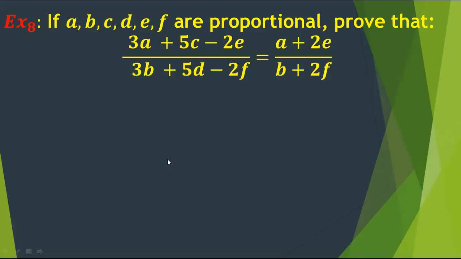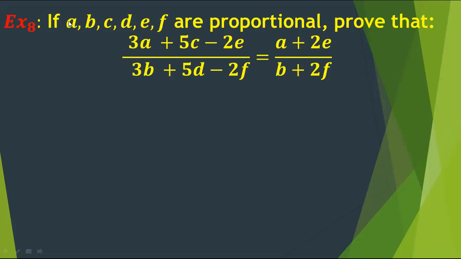Example 8. By the same way, A, B, C, D, E, F are proportional. Prove that left hand side equals right hand side. In the previous examples we had A, B, C, and D only, but here we have E, F. It's so easy.